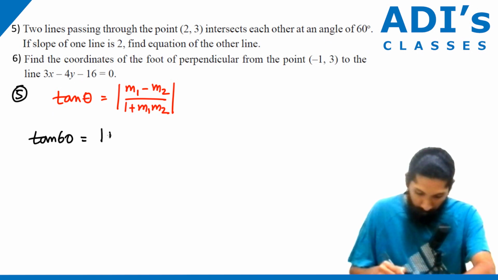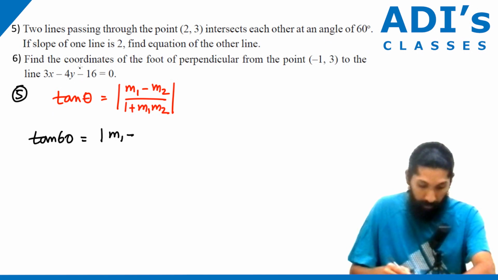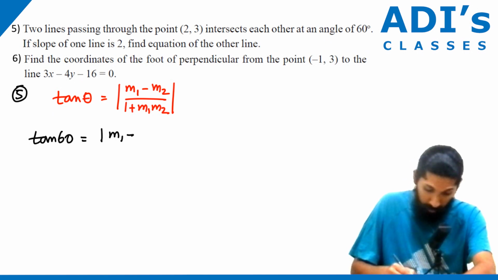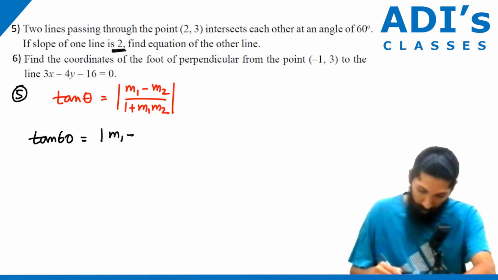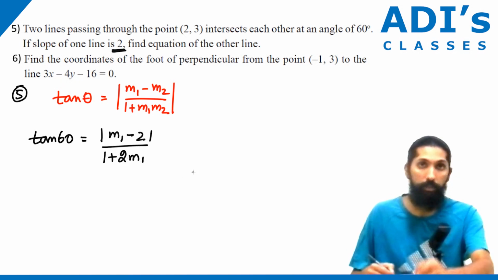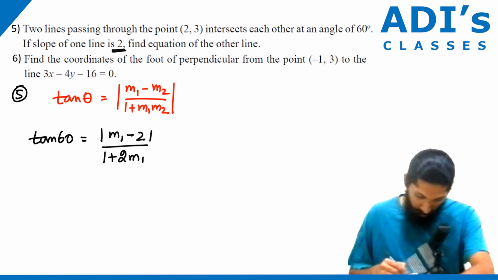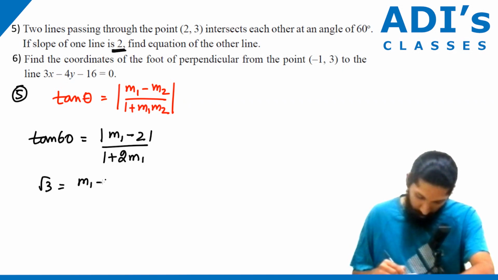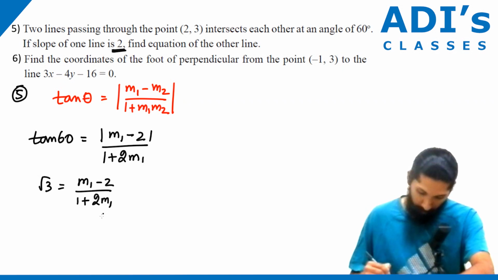So let's call this m1, minus the second slope, which is 2. See, it's given to be 2. So (m1 minus 2) divided by (1 plus 2m1). Tan 60 is root 3. So we have root 3 is equal to (m1 minus 2) divided by (1 plus 2m1).